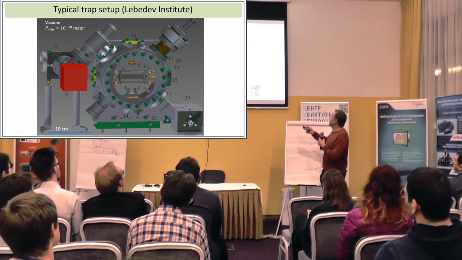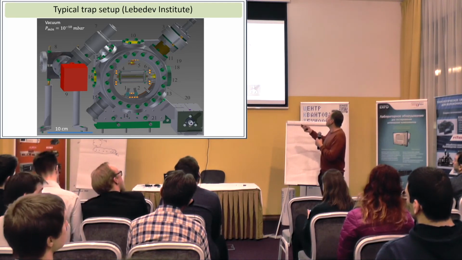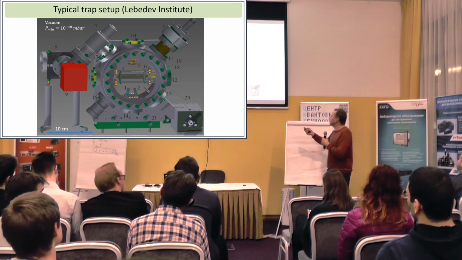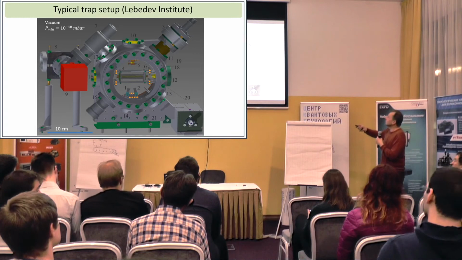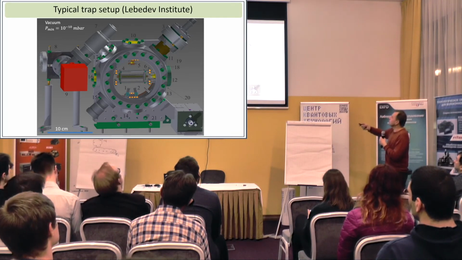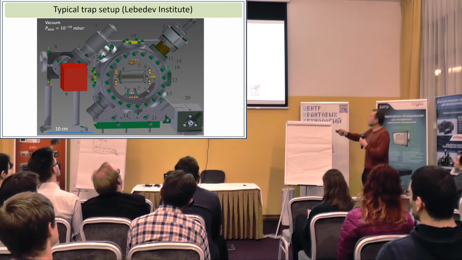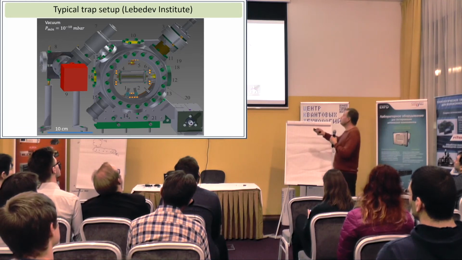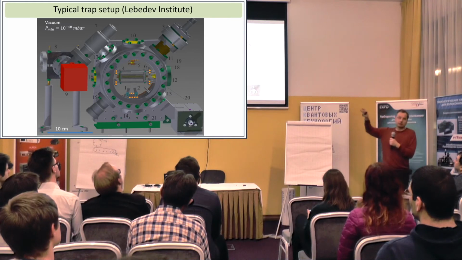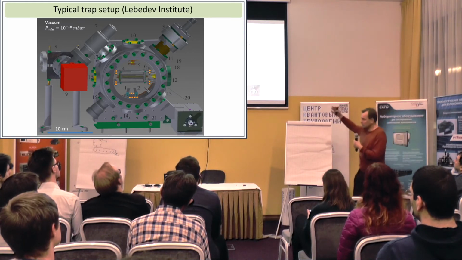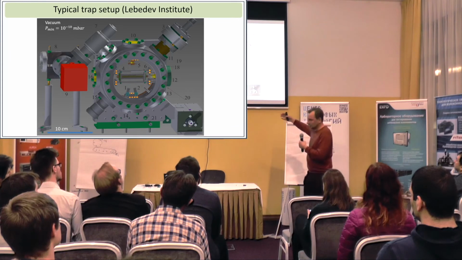Then you have the rods and the trap configuration, either a blade trap or rod trap or again whatever you want. Some electrodes and wires and cables which go outside to apply the radio frequency field, and you need really good optical access to the center of the trap, because everything else which you need are laser beams.